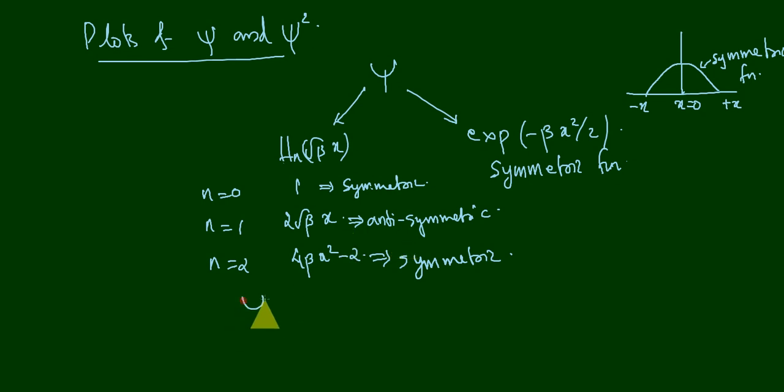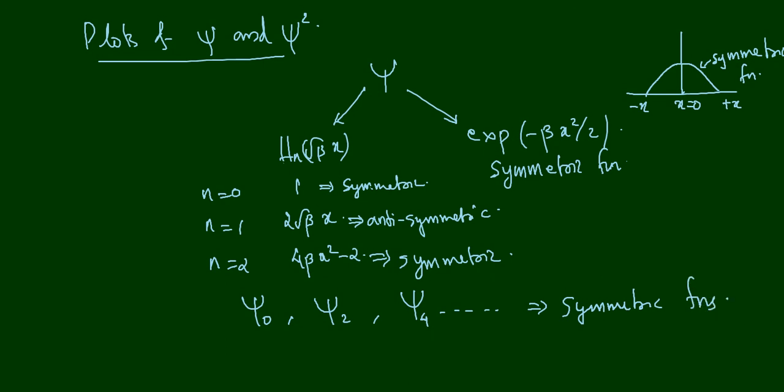So we can write psi 0 will be a symmetric function because this function and this function both are symmetric for psi 0. So psi 0 is symmetric. And like that psi 2 will be symmetric because this function is symmetric and this function is also symmetric. Psi 2 is symmetric. Like that psi 4, etc., they all will be symmetric functions.